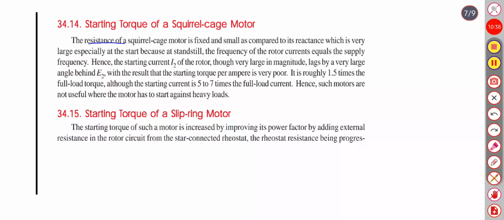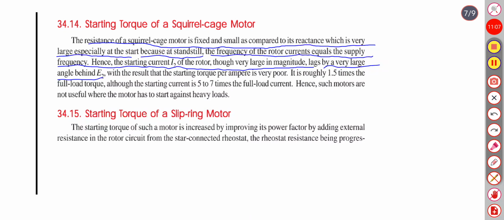The resistance of a squirrel cage motor is fixed and small as compared to its reactance, which is very large typically at the start because it stands still. The frequency of the rotor current equals the supply frequency. Hence, the starting current I2 of the rotor, though very large in magnitude, lags by a very large angle behind E2, with the result that the starting torque per ampere is very poor.